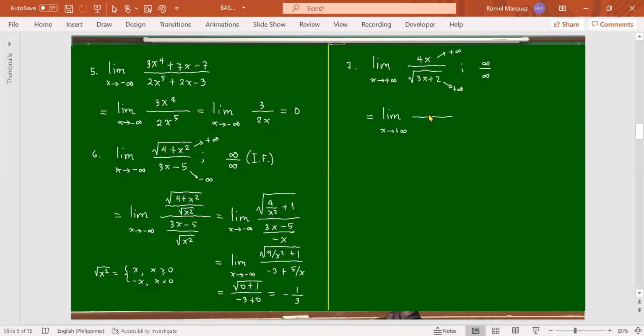Okay, I will divide by the square root of what? The square root of x squared. His answer is divide by the square root of x. It's not 1 by 2. 4, ay tama. Square root of 4 over, okay, over the square root of x. Is it the square root of x that we divide by? Yes, square root. So I'm dividing by the square root of x.